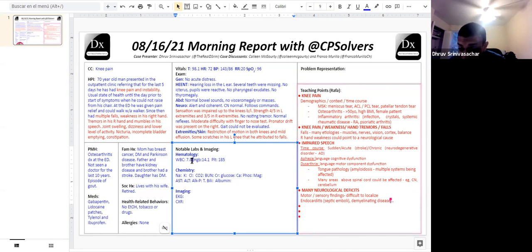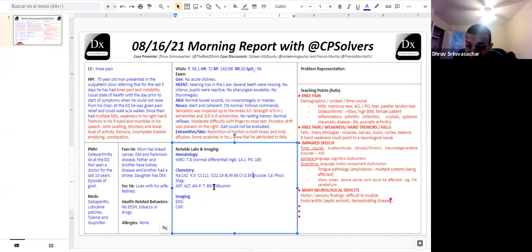The differential on that white count was normal. It was like 63% neutrophils, 22% lymphocytes. As for his CMP, sodium of 142, potassium of 5, chloride of 111, bicarb of 19, BUN of 46, a creatinine of 3.36, a glucose of 79, but we did get an A1C later, and that A1C was 7.3.